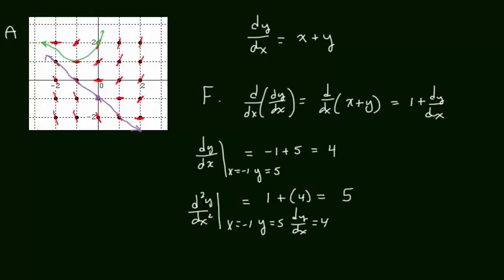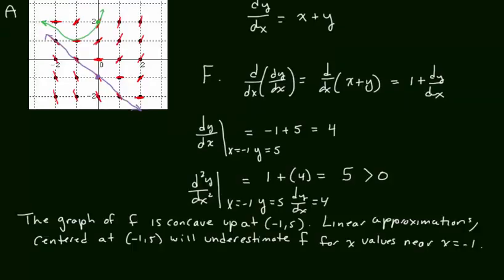Once again, that's important because it's positive, and the graph of f is concave up at the point -1, 5. Therefore, linear approximations centered at -1, 5 will underestimate f for x values near -1.